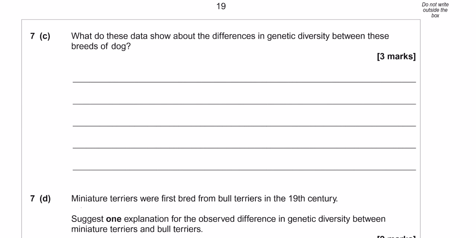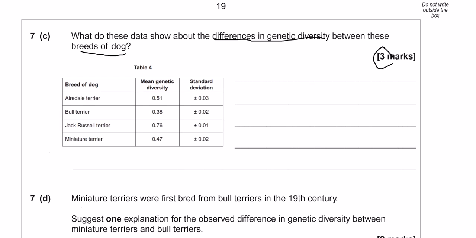Question 11C says, what do these data show about the differences in genetic diversity between these breeds of dog? 3 marks. So the first thing to look at is the table of results. Here we've got the Jack Russell Terrier.